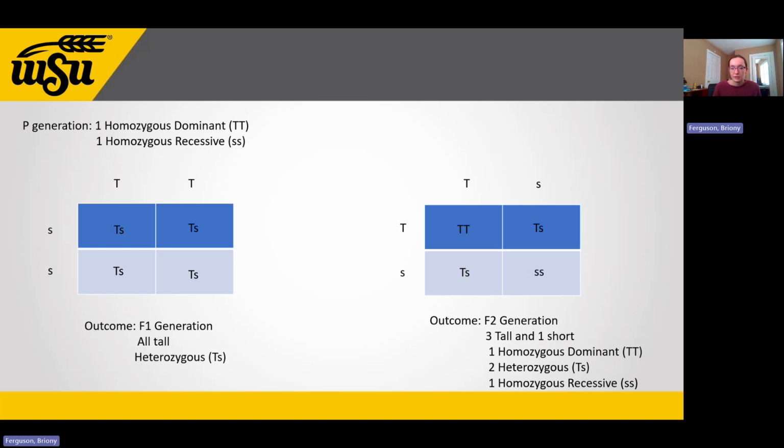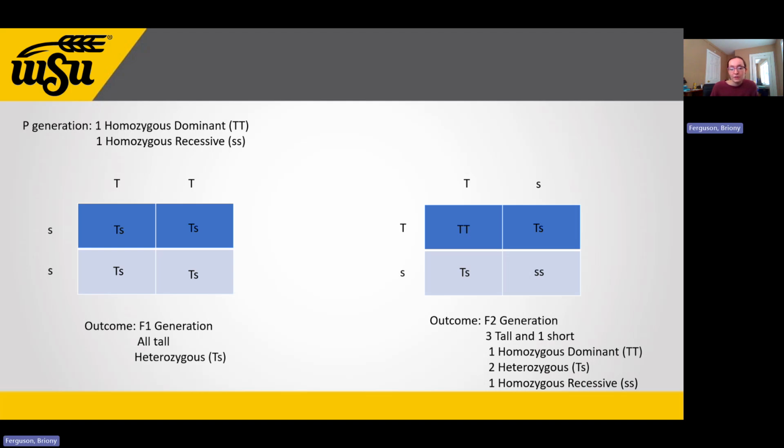And you're going to do the same thing. So you're going to read this. You can go down and then to the side. You can go to the side and then down. What you need to remember is your dominant allele in these instances needs to come first. So with this one, we're going to have TT, homozygous dominant, sorry.